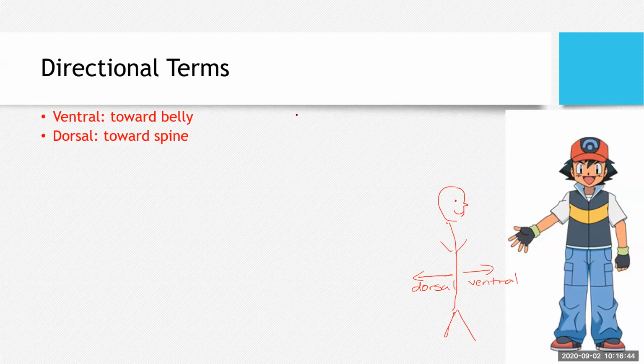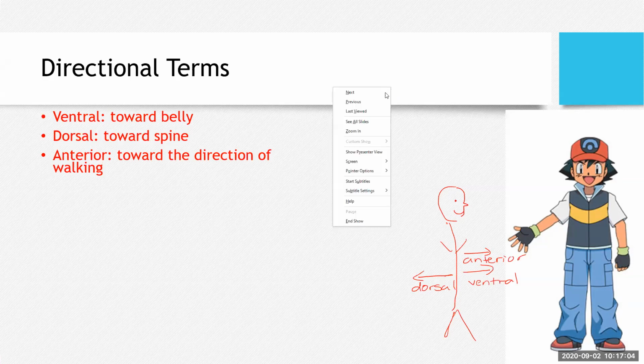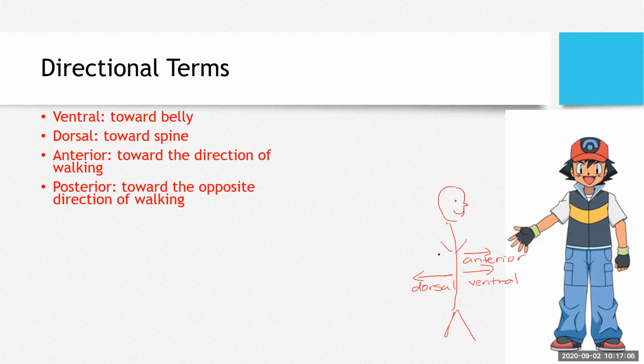However, there is something called anterior. Anterior is the direction of when you're walking. So with us, ventral is in the same direction as anterior, because when we walk, we walk forwards. Posterior, on the other hand, will be walking backwards.